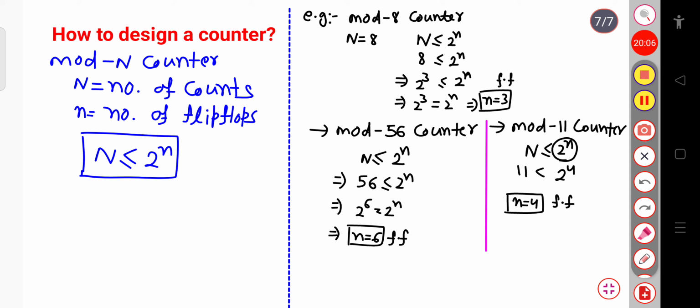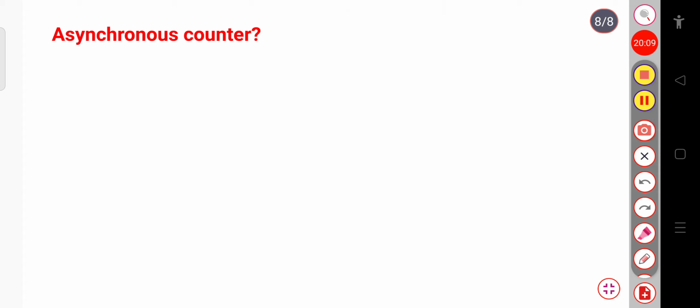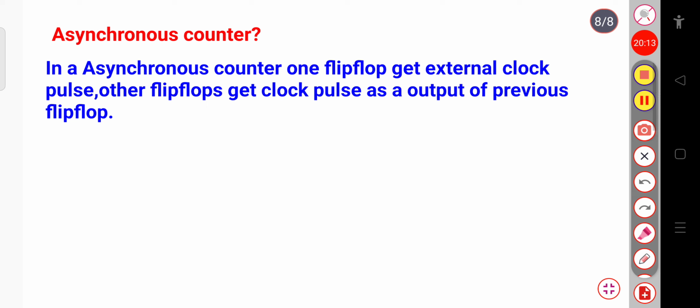Now we'll go into brief detail about the asynchronous counter. In an asynchronous counter, one flip-flop gets the external clock pulse, and the other flip-flops get the clock pulse from the output of the previous flip-flop.